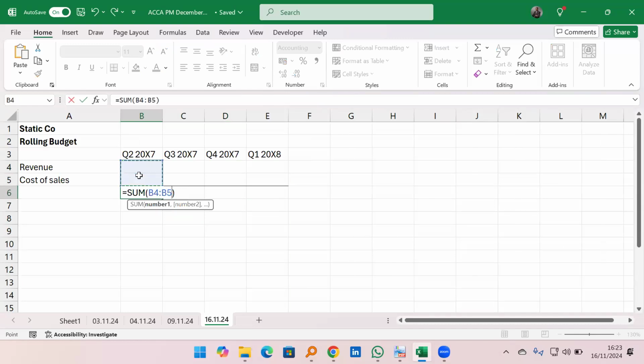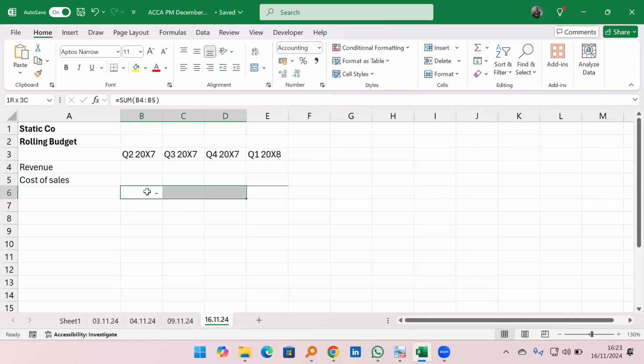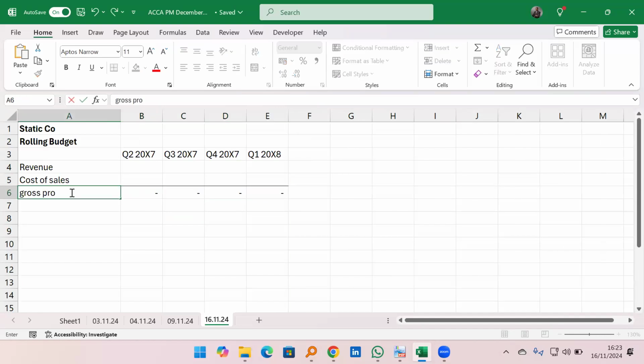So we can set up the formulas already so that when we put in our figures, we have our gross profit. From there, we can put distribution costs and administration costs.